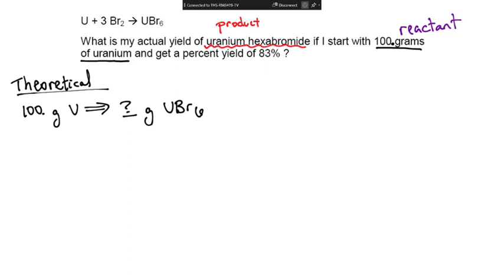All right, so we'll go through those steps again. 100 grams of uranium. Let's convert it into moles. Uranium has a big molar mass, 238.03. So 100 over 238.03. It's going to be about 0.420. I'll keep at least 3 sig figs. I like a safety digit, so I'm going to keep a 4th one there.